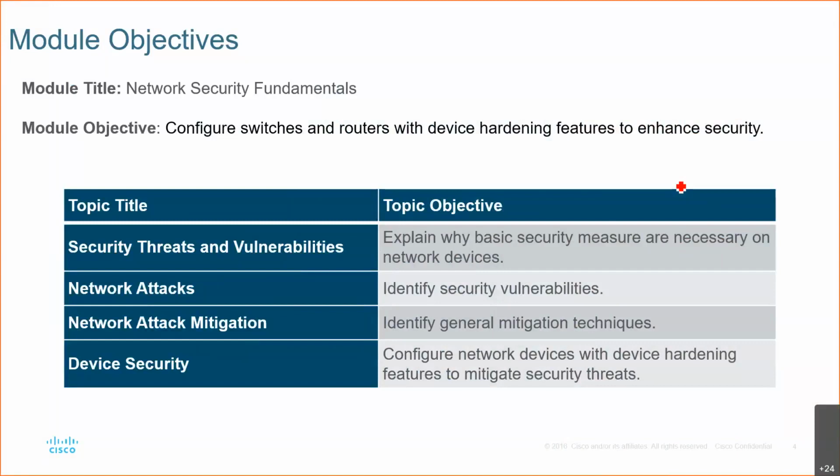Basic security precautions. And what are the different kinds of network attacks? We have to find out how we mitigate these attacks, what the general mitigation techniques are, and how we can have device security so that people cannot just access these devices online.